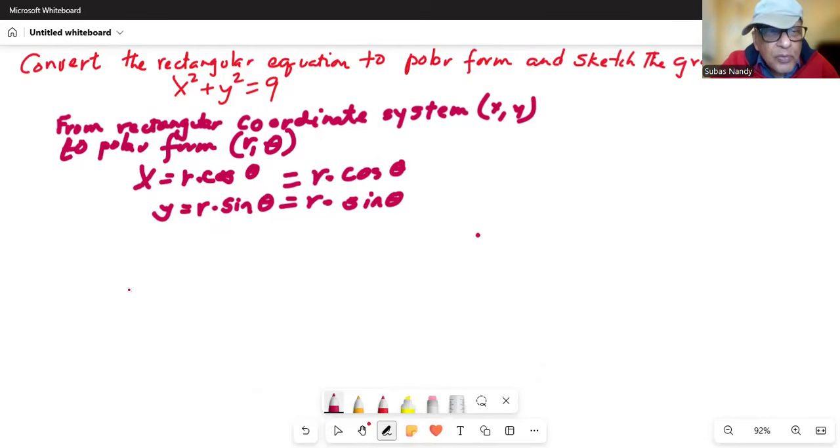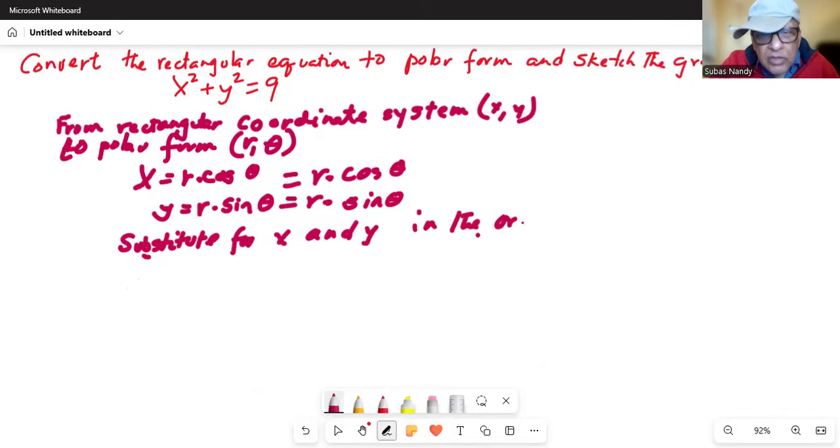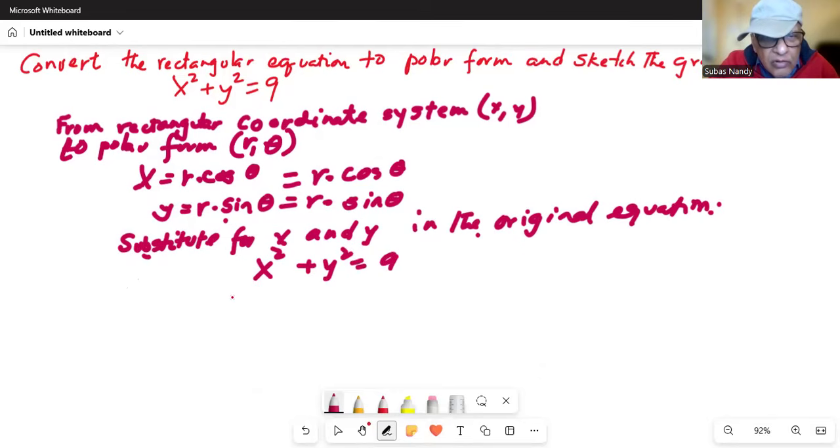Okay. So if you substitute for x and y in the original equation, x square plus y square is equal to 9. For x, we write r cosine theta and square it, plus y is r sine theta, and we square it, equal to 9.